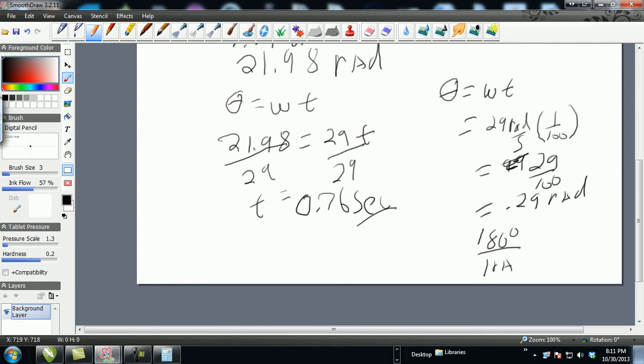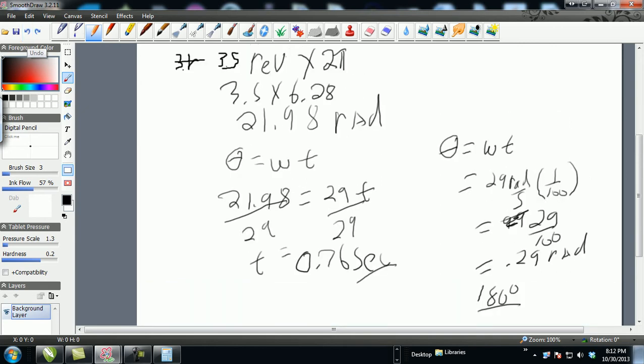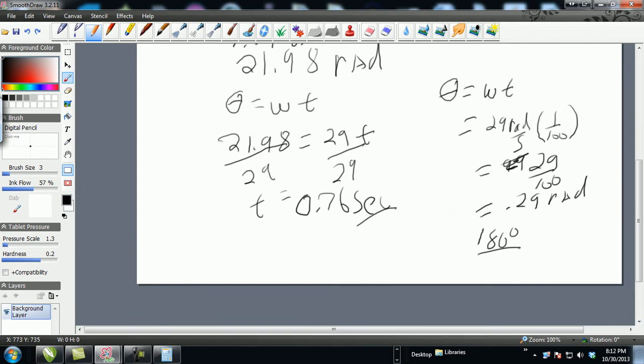Now, we talked about going from degrees to radians. How do you go from radians to degrees? Well, you know there's 180 degrees in pi radians. Sorry, my bad. Let's undo that for just a second. I can erase it, but I also got the power of the little undo thingy. You know there's 180 degrees in 3.14 radians. That's pi, right?